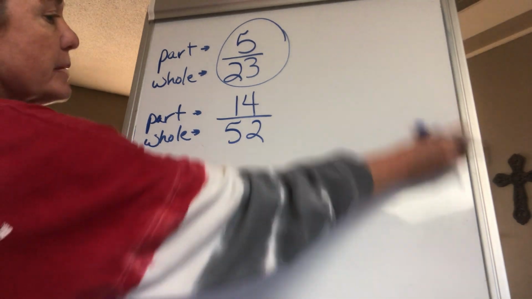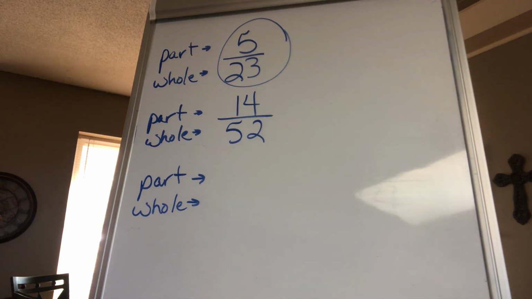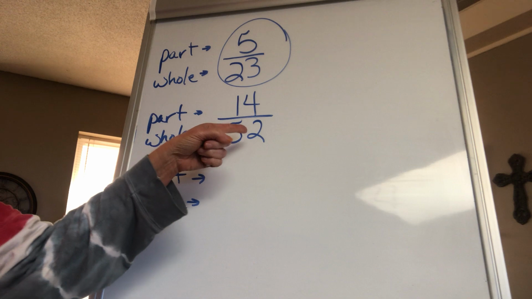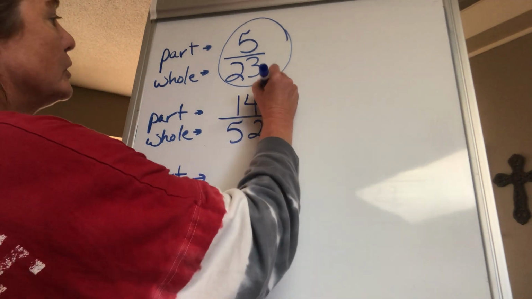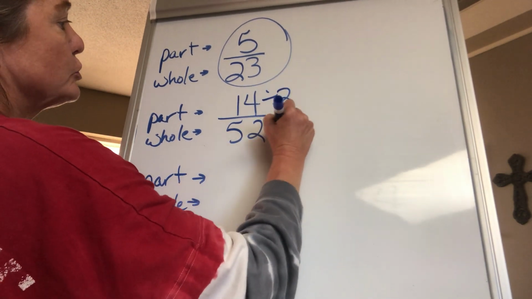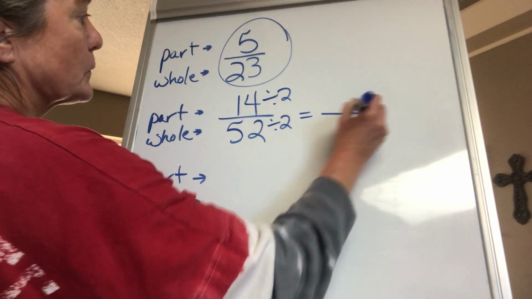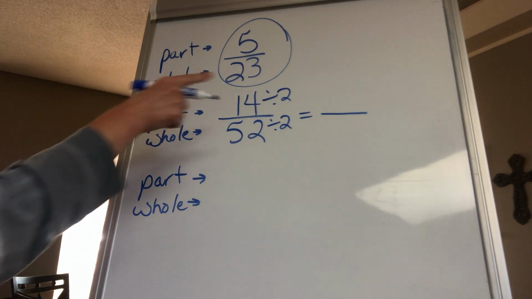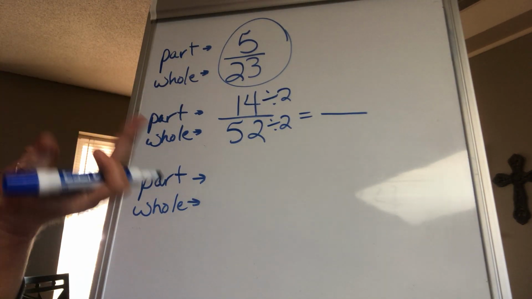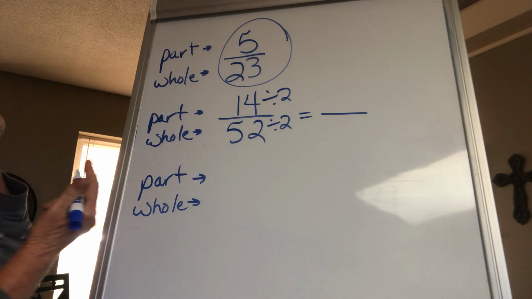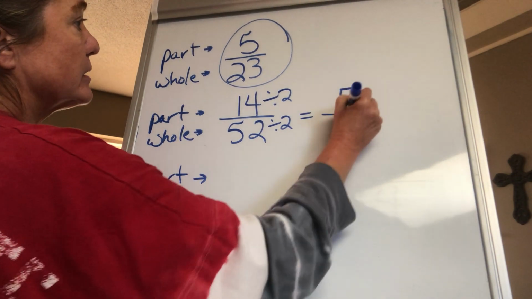And we always need to make sure it's in simplest form. Okay, is there any number that'll go into 14 and 52? Well, since 2 will go into 4 and 2, I will try 2. Remember, sometimes we just have to do trial and error. Okay, 14 divided by 2. Just for mental math on my math facts, I know that is 7, right?